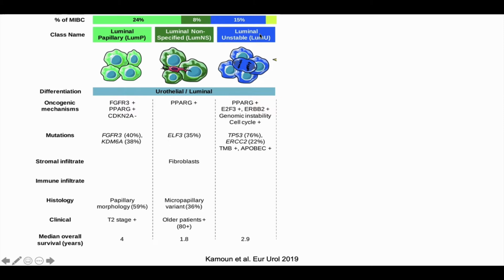Luminal unstable is interesting because unstable means genomically unstable and has a high rate of mutations, which in bladder cancers is typically actually a good thing because they tend to respond better to therapies, including immunotherapy and potentially chemotherapy. The luminal non-specified are just interesting because the micropapillary variant that we hear a lot about as an aggressive form of bladder cancer fits into that subgroup.